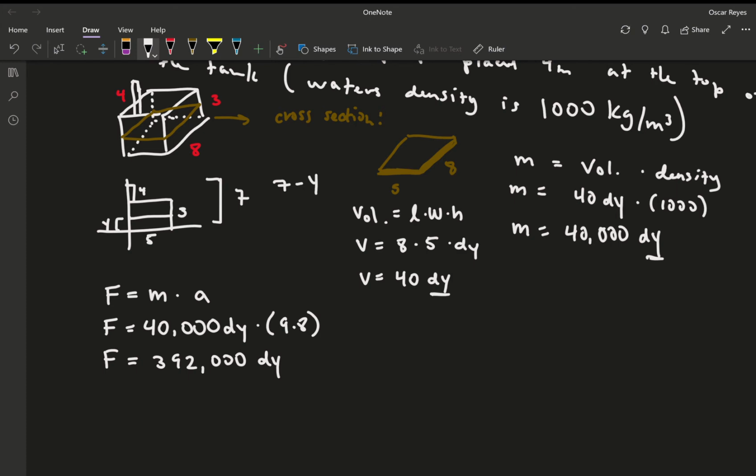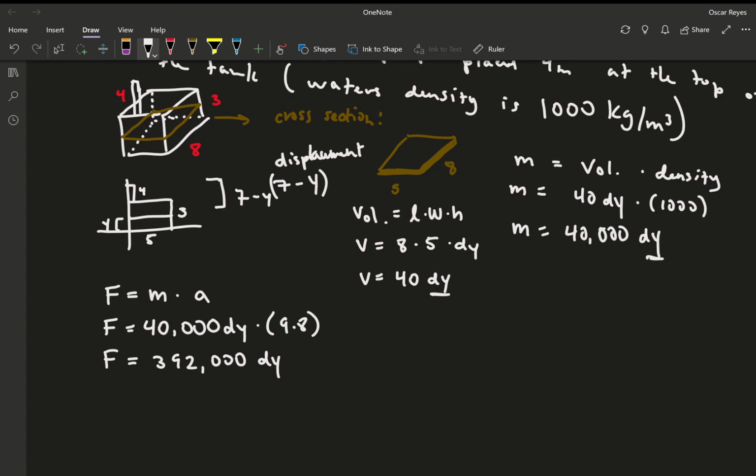Because whatever the bottom of that slice was, is some type of y value. But we know the whole thing is 7. So we know that the area from here to here is 7 minus y. So that's going to be our displacement for what our water slice needs to move.